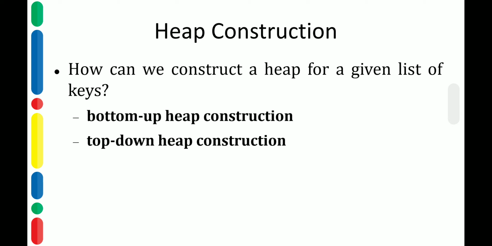Whereas in the top down heap construction, we already have a heap, and when we add a new element into the heap, we should see to it that after this addition it would still safeguard the heap property. Okay, the properties of a heap are, as you learned, it should be an almost complete binary tree or essentially complete, and the rightmost children in the last level can be missing.